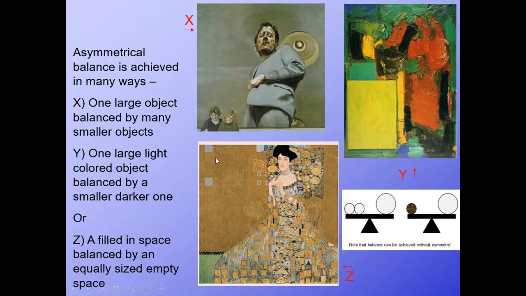We've got this example of a pretty large space that has very little detail in it balancing with a lot of detail. We have this example of smaller darker balancing a larger shape. So it's kind of interesting to think about how we can create a feeling of balance without having to rely on absolute symmetry.